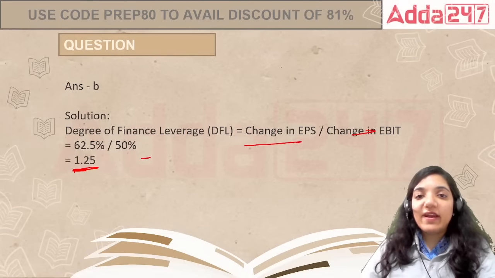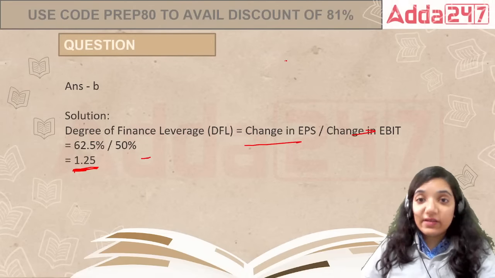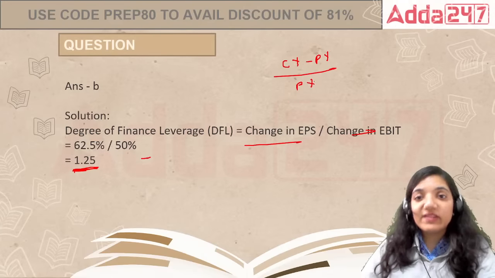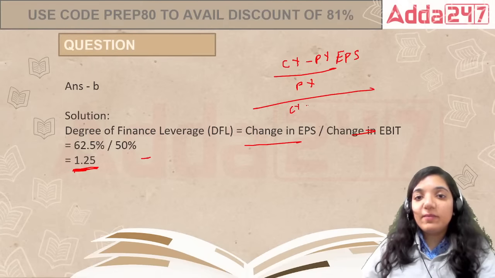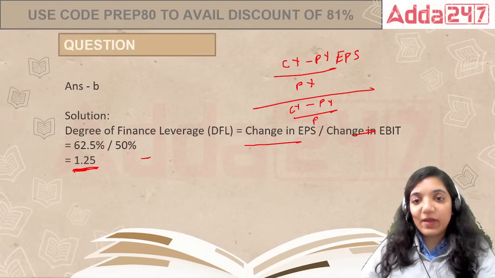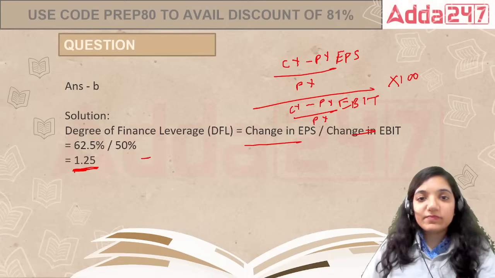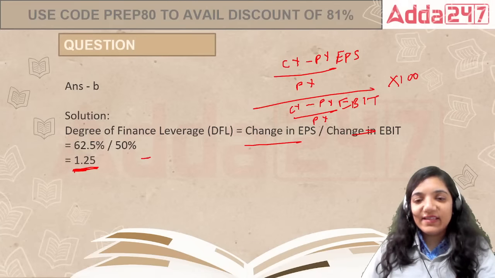That is the new EPS, current minus previous year divided by previous year. The same thing goes for EBIT: current minus previous year divided by previous year, and then you multiply it by 100. Done, everyone?